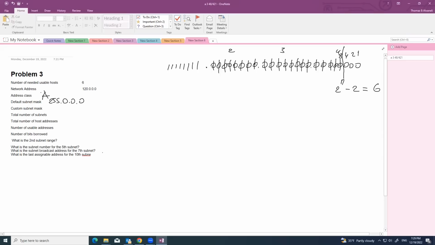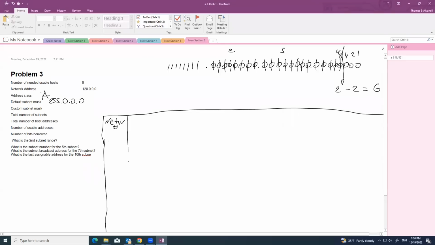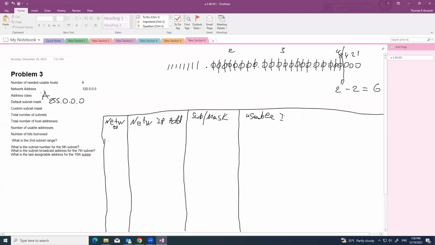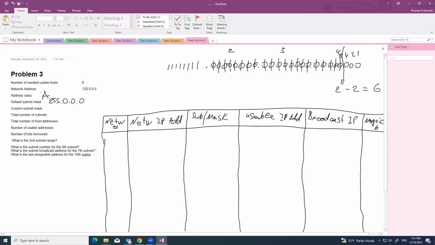Let's use our chart. Network number, then network IP address, then subnet mask, then usable IP addresses, broadcast IP, and magic number. Now, Cisco says to use the original network address as the first subnet.